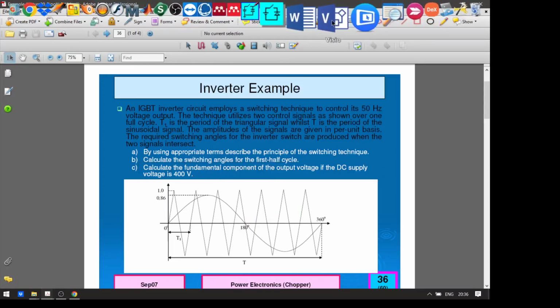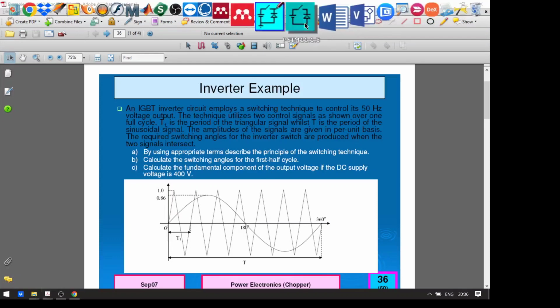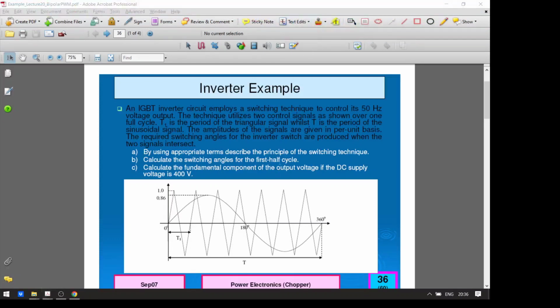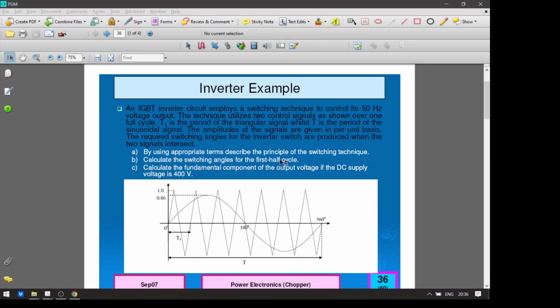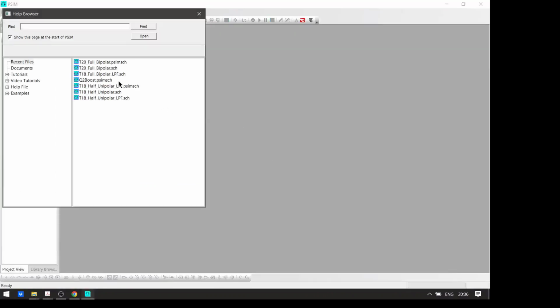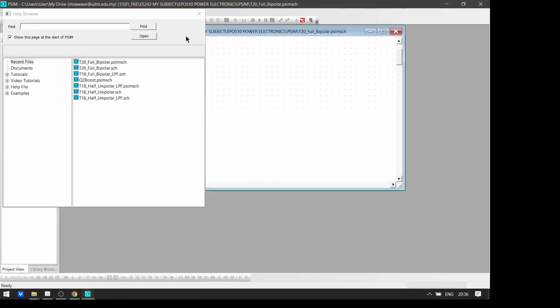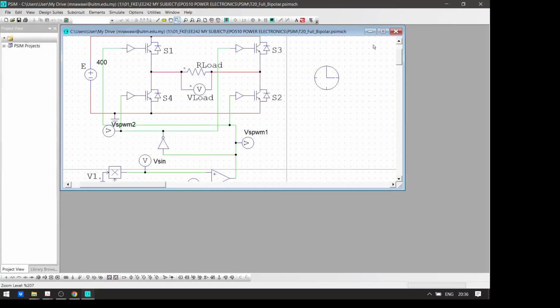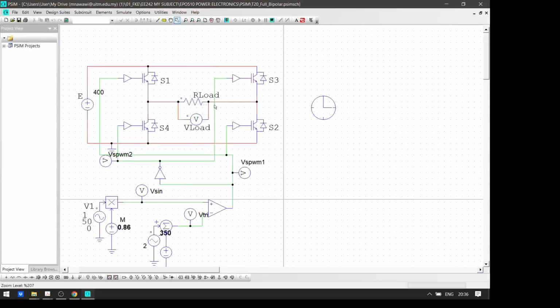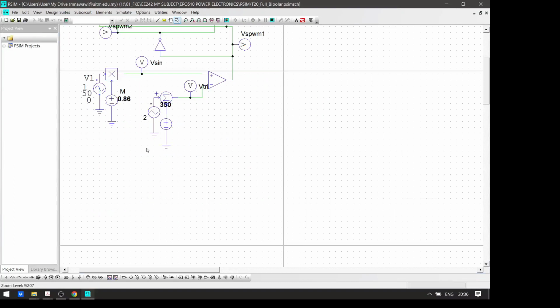So now I'm going to simulate first. Let me simulate this bipolar PWM example, T20 bipolar. Double click. Okay, so it's a full bridge, and then you have 0.86.